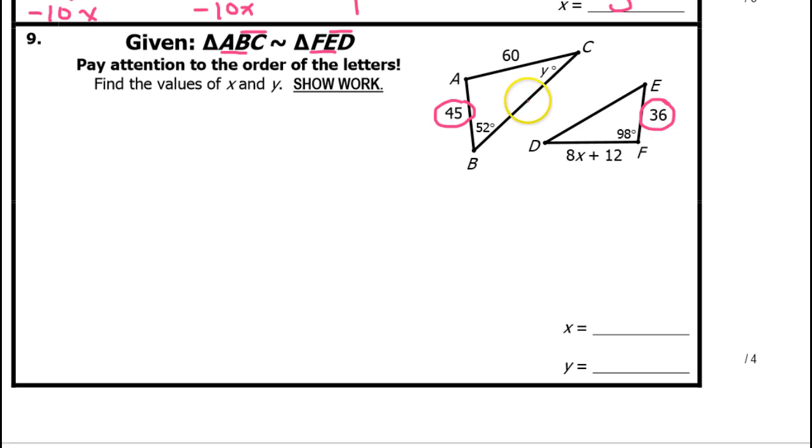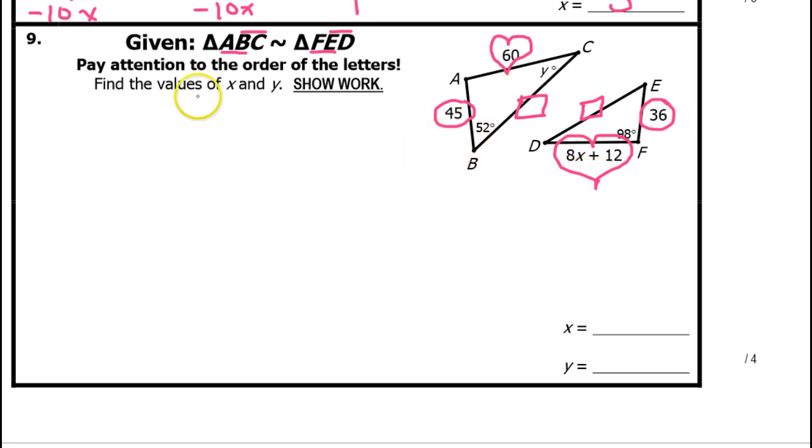Okay, so BC is right here. This would be BC, and ED is right here. All right, so they both have nothing. But then that leaves 60 and 8x plus 12. Those are matching up.